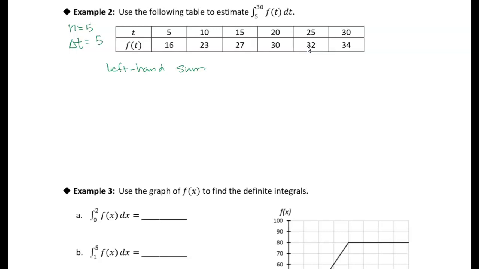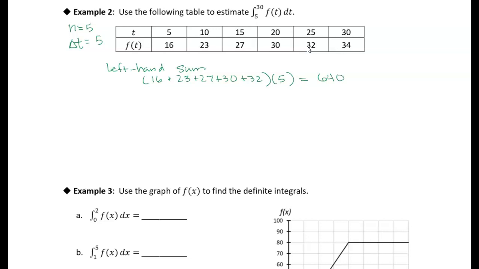I assume t is time. For the left-hand sum, I'm just going to add up all the left-hand data points, 27 plus 30 plus 32, and then multiply by our time interval, which is 5. If I put that in my calculator, I get 640.